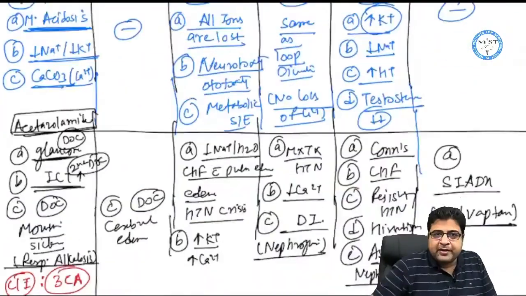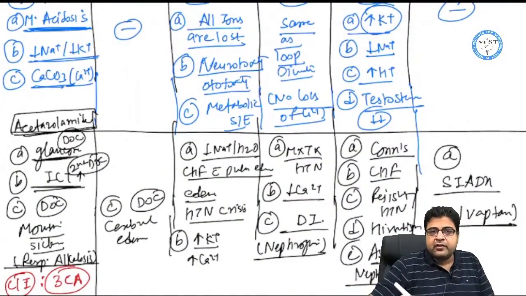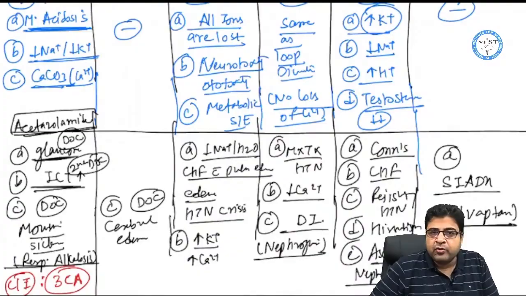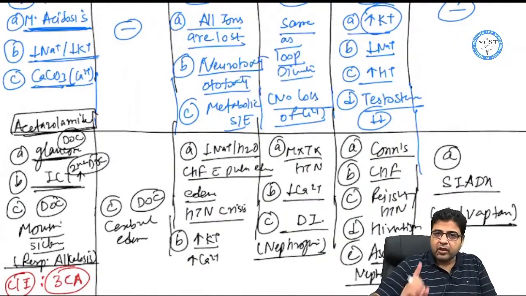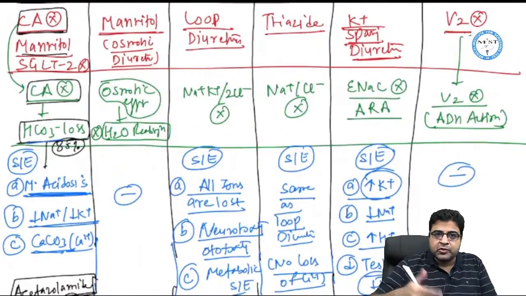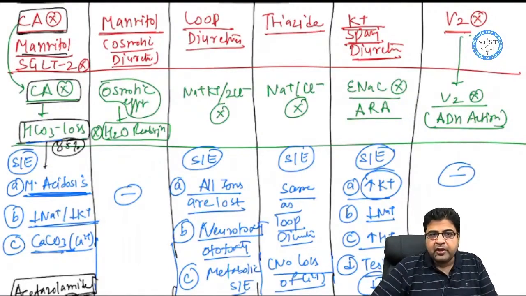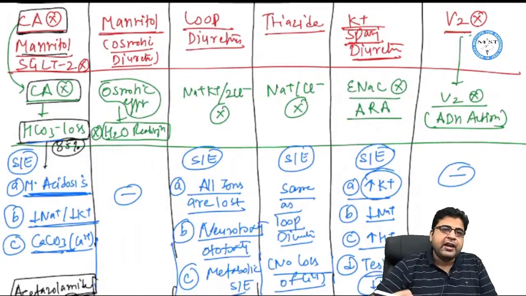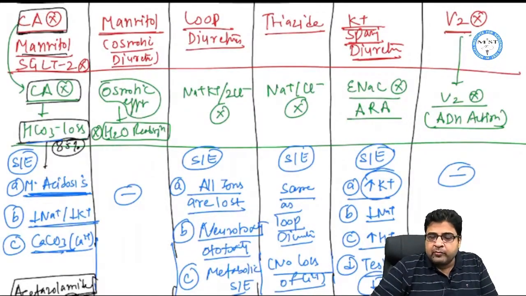Now, where can I use the medicine? I can use this medicine for the treatment of those conditions where I want to reduce the water quantity. Try to understand, guys. Carbonic anhydrase inhibitors are given in those conditions where I want to remove bicarbonate from the body or where I want to produce acidosis.